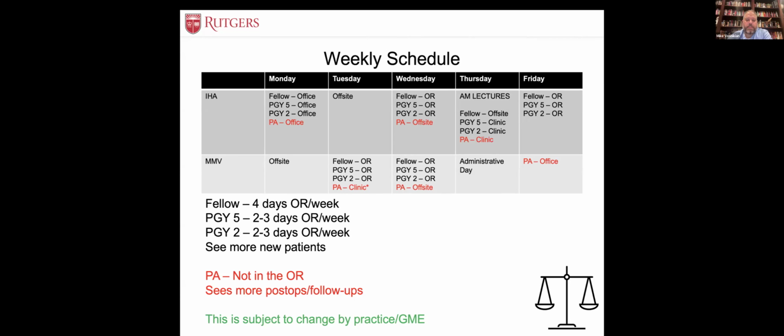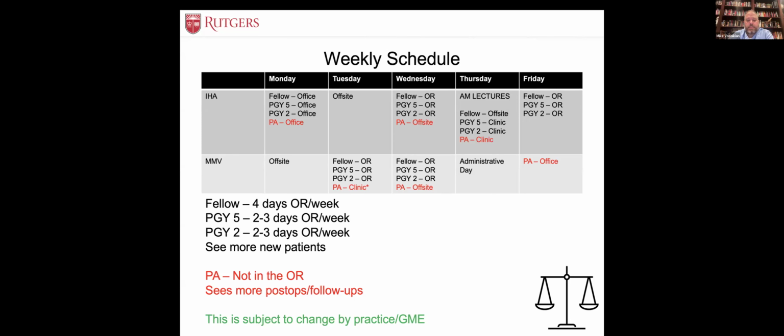The balance that we've made here is to maximize the educational benefit of the resident while keeping things efficient, while having our APP, who is an absolute machine, right? So we've figured out a way to optimize education and efficiency, and in our model, this works.